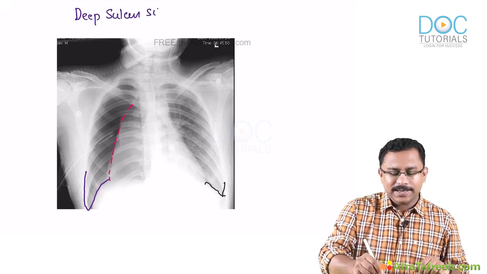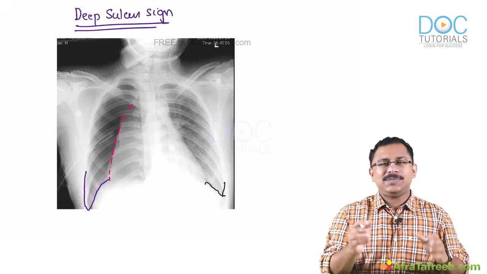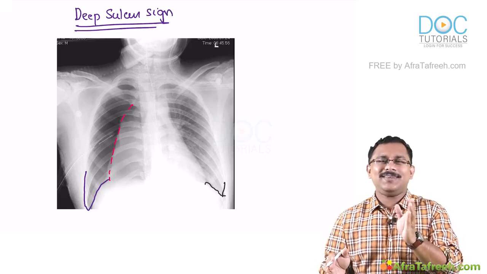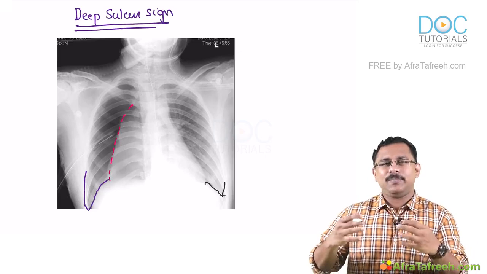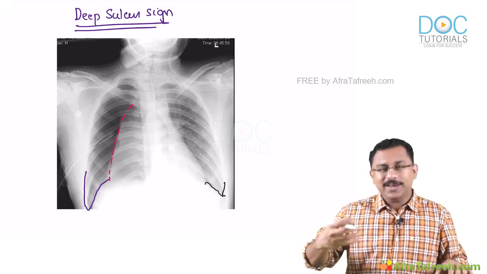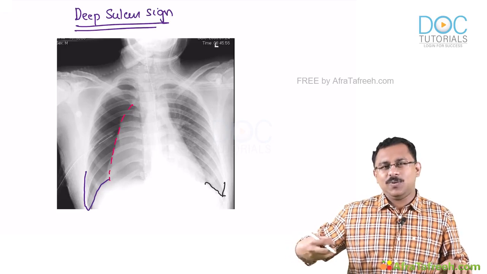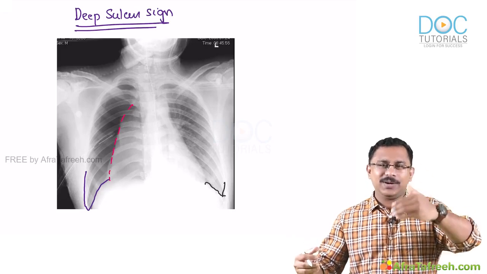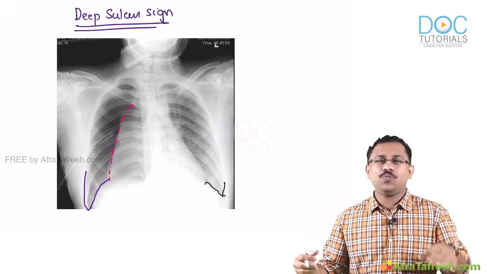Now mind you, this deep sulcus sign is commonly encountered when you have a pneumothorax developing in a patient in the ICU who is probably supine. That is when the air actually goes more down, and you are able to see the deep sulcus sign when you take the X-ray in the supine position.